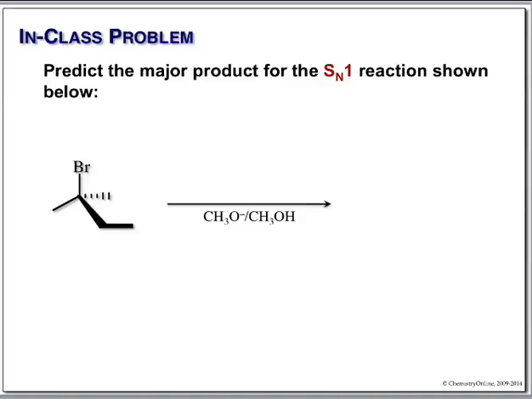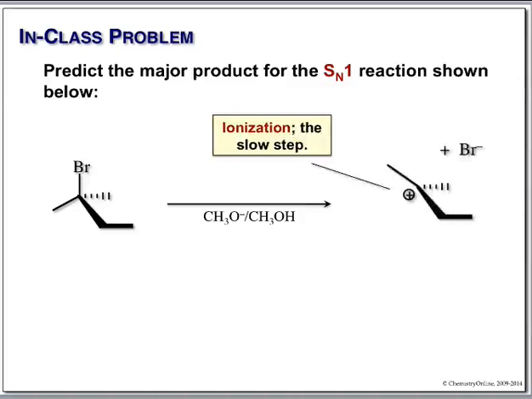For the Sn1 reaction, our intermediate carbocation, we simply break the bond to our leaving group. Carbocation will have 2 methyls and an ethyl, and it would look like that. Drawing it nice and planar is a nice touch.